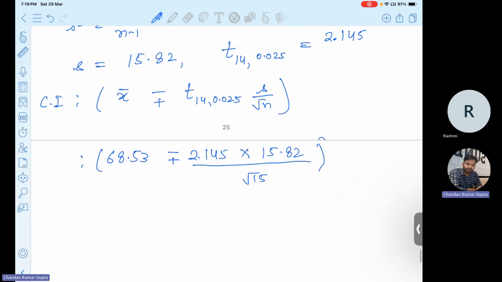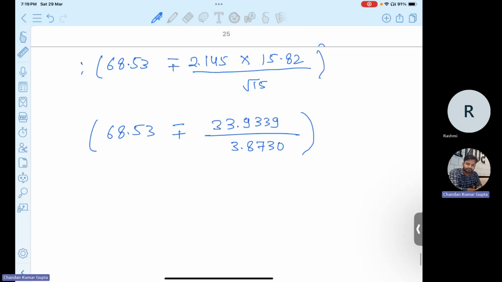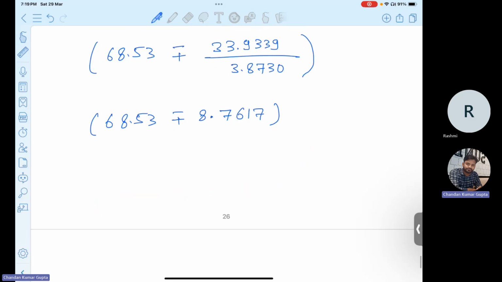Just a simple calculation again. It's 68.53 minus plus the numerator value, which comes out to be 33.9339, divided by 3.8730, the approximate value for root 15. This fraction gives 8.7617.